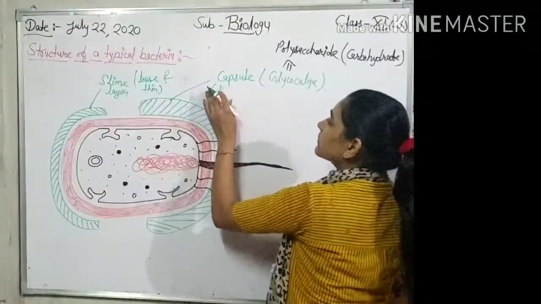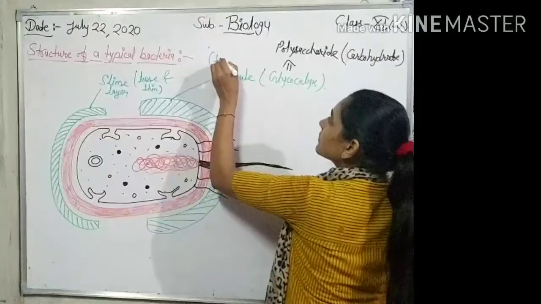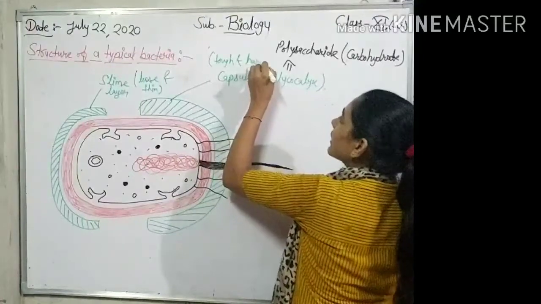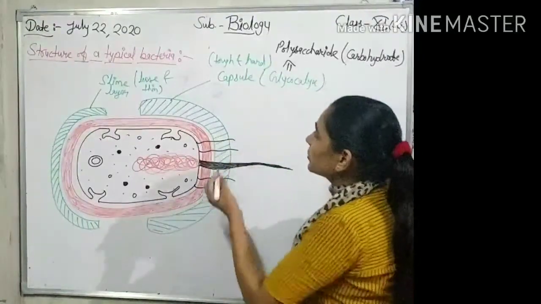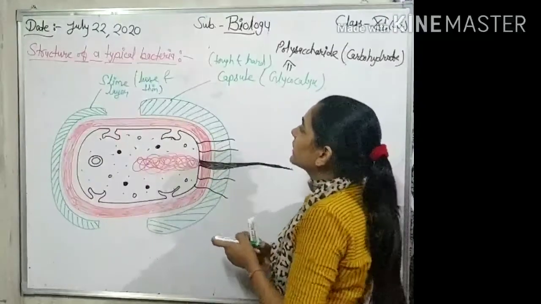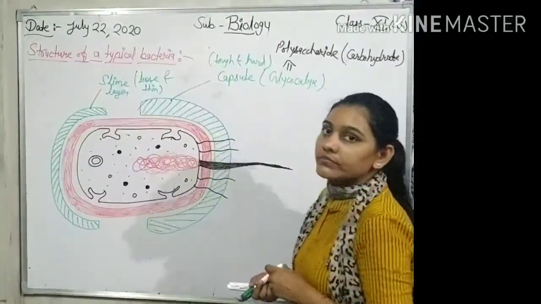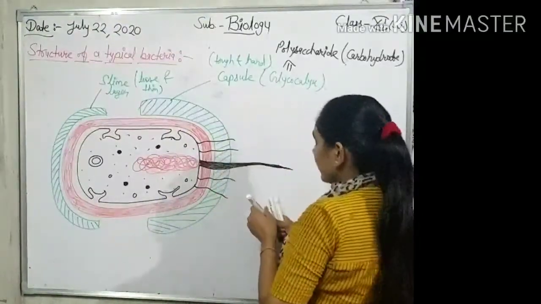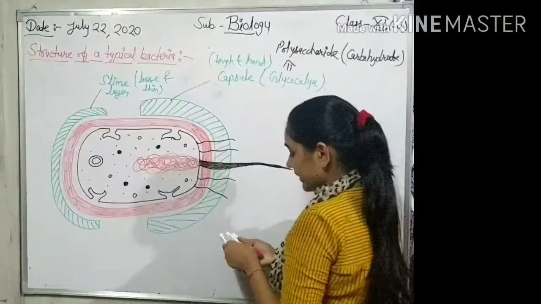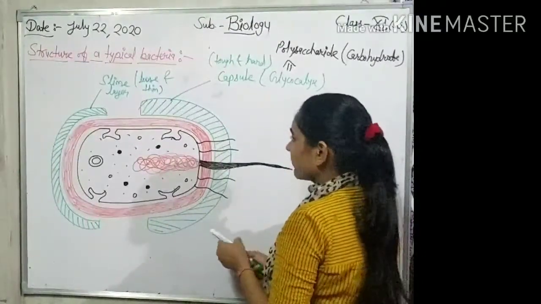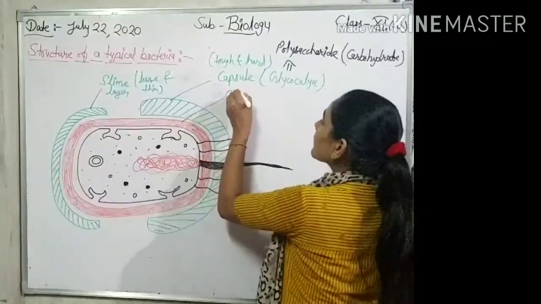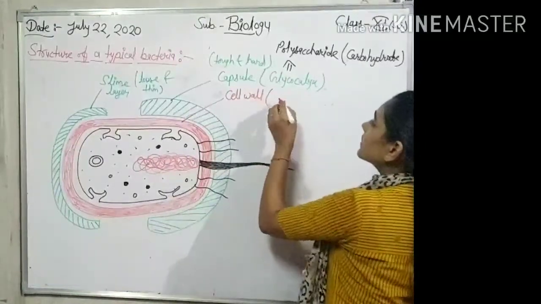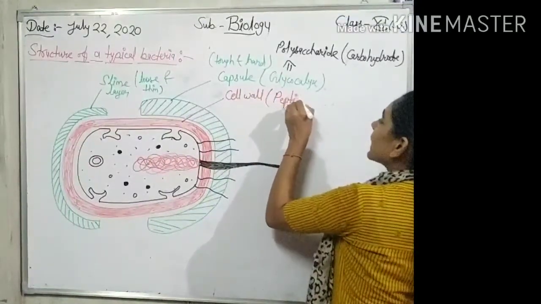Capsule, tough and hard. Both provide protection to the bacterial cell. So capsule is known as the third protective covering. Below the capsule, the cell wall is present, and it is made up of peptidoglycans.